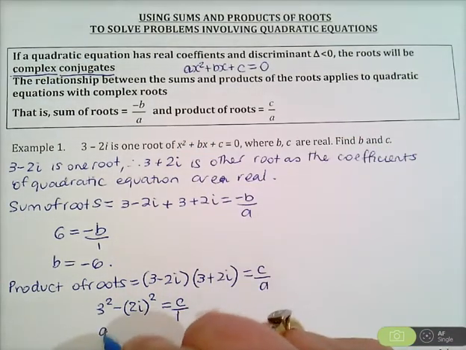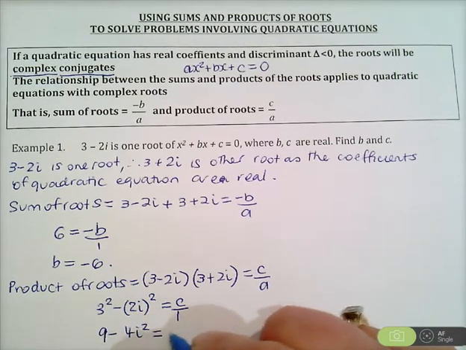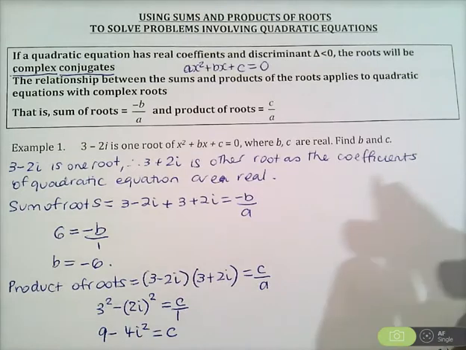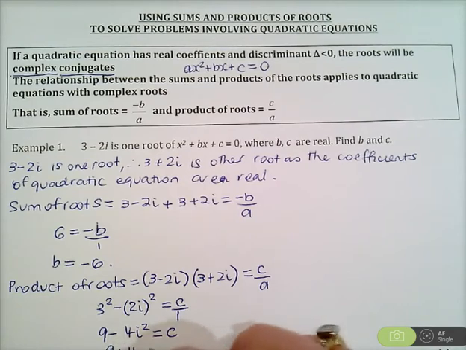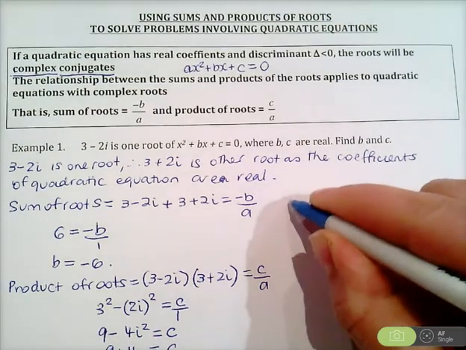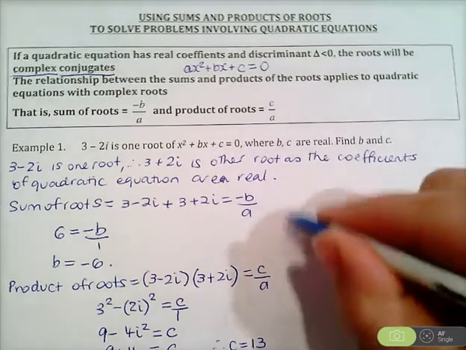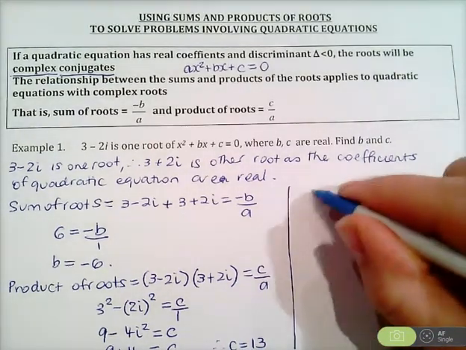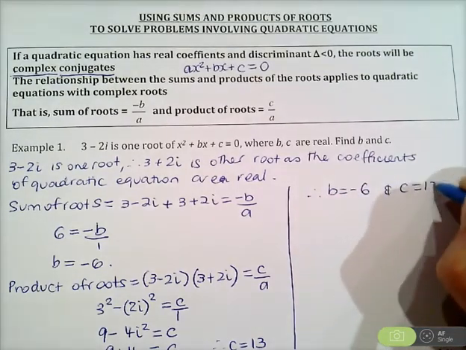So therefore we've got 9 minus 4i squared equals c. Now we know that minus 4i squared is plus 4. So we've got 9 plus 4 is c, therefore c is 13. So let's have a look. Therefore we can say that b is negative 6 and c is 13.